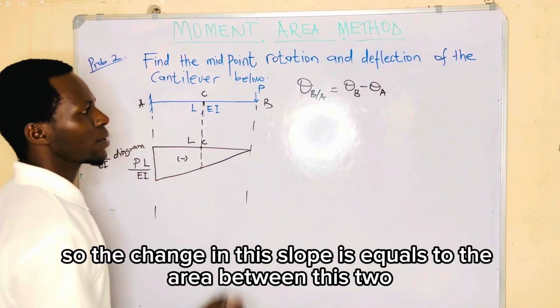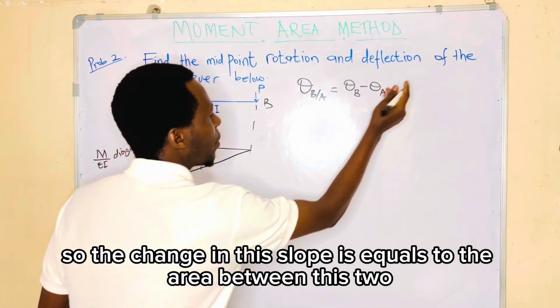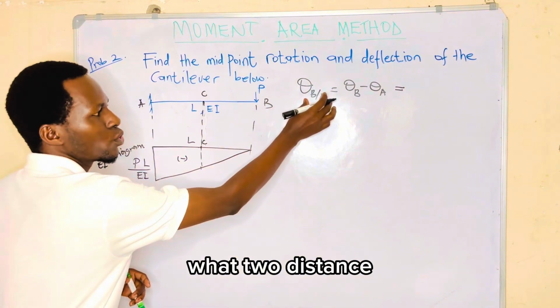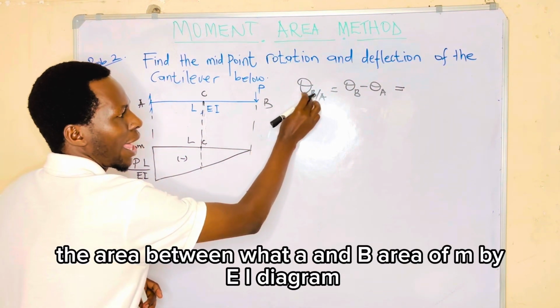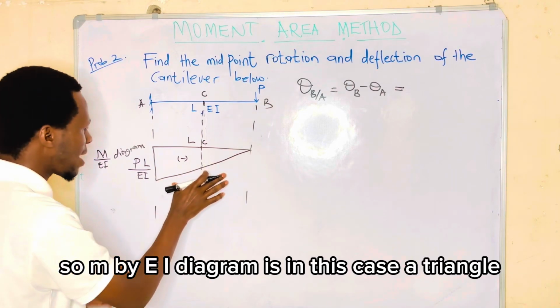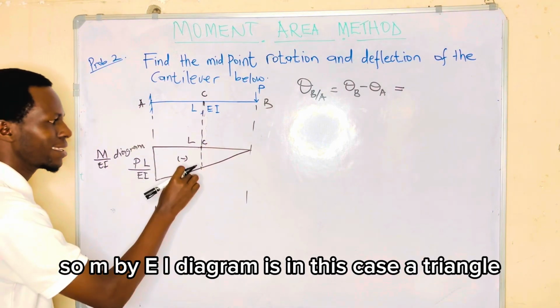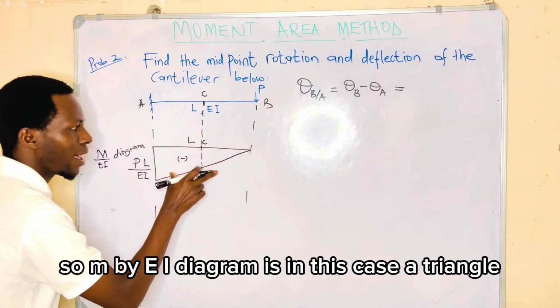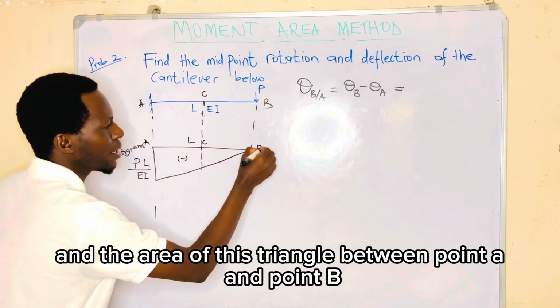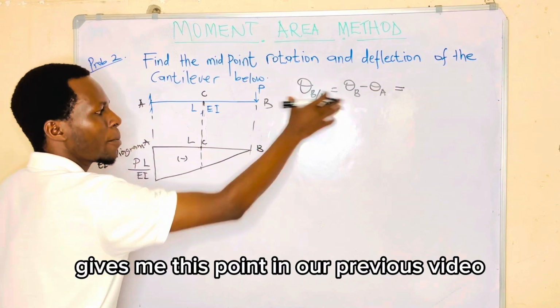The change in slope is equal to the area between these two points, A and B, of the M by EI diagram. The M by EI diagram is, in this case, a triangle, and we explained this in our previous video.